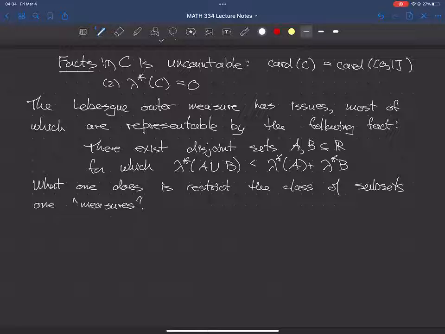It turns out that if we want this property, then we must do one of two things. We must change the way we measure things, so change the definition of the Lebesgue outer measure, or restrict the kind of subsets we're working with so that we get equality here.